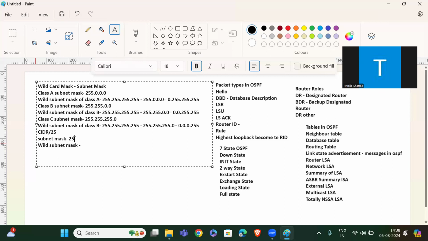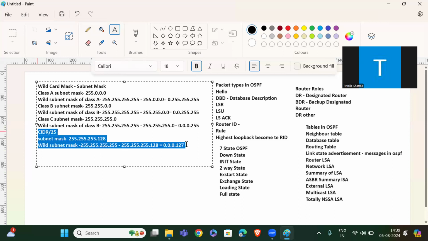Subnet mask is 255.255.255.128, right? So 255.255.255.255 minus 255.255.255.128. What's our answer? 0.0.0.127, right?